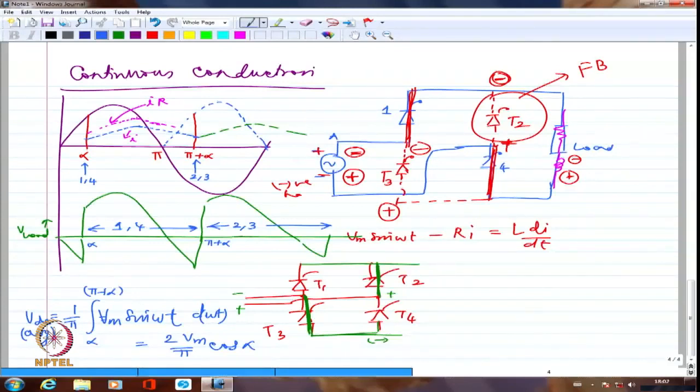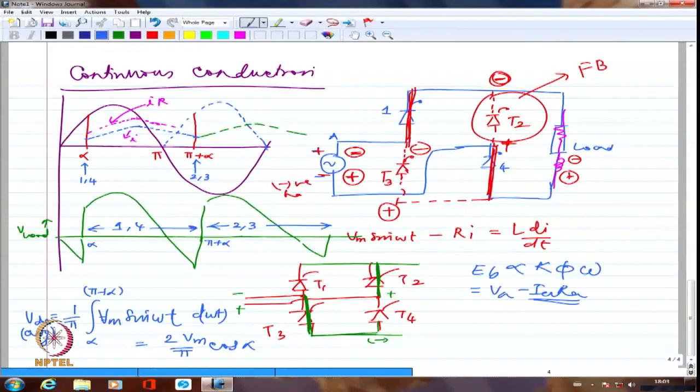The DC motor drive speed is dependent upon how much armature voltage I am applying, right? I hope you remember at least some amount of machines. EB is proportional to K phi omega, and EB is equal to VA minus IA RA. The IA RA drop is very, very small. So I can say VA is approximately equal to EB.